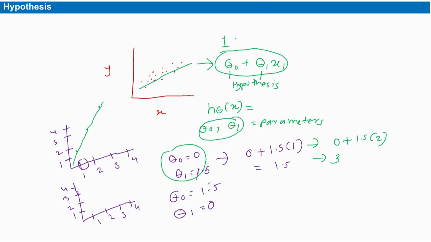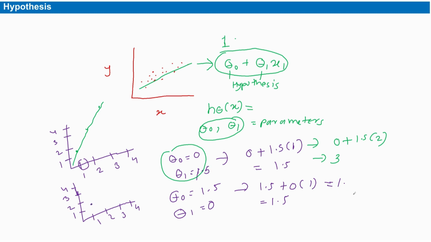Now when x is equal to 1, what will I get? 1.5 plus 0 into 1, which is nothing but 1.5. So I will get 1.5 somewhere here.